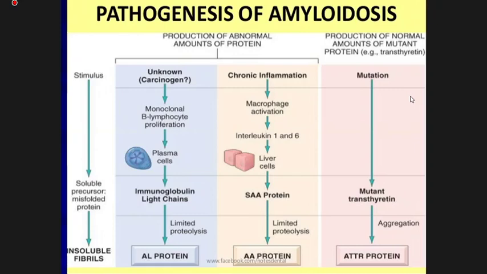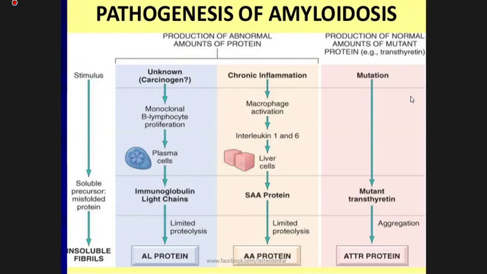Another mechanism of amyloidosis formation is when you have a normal amount of this protein, but it becomes mutated. Because of this mutation, it cannot perform its function, or it gets misfolded, and it becomes deposited as amyloid protein.